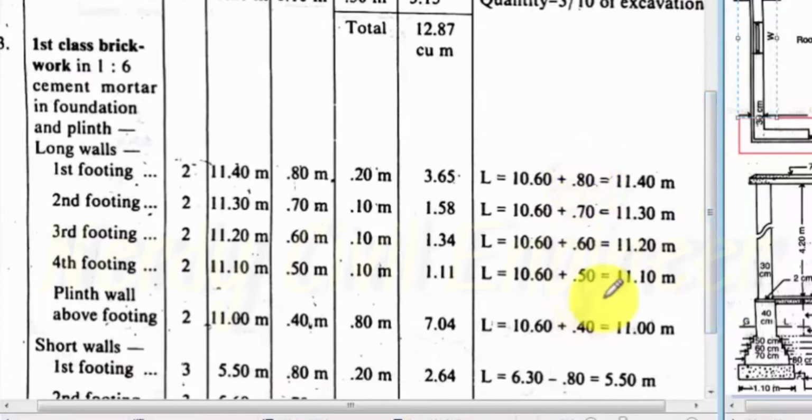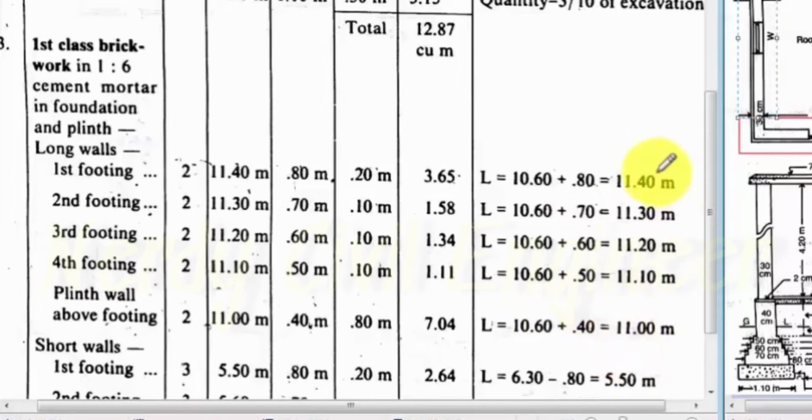So you see, every time for each and every particular, when we calculate the length, we will always consider the initial length for the long walls that was found out first, considering the center to center, and the breadth of the footings or the breadth of the plinth or breadth of the foundation or breadth of the door, considering which particular we are calculating. Okay.